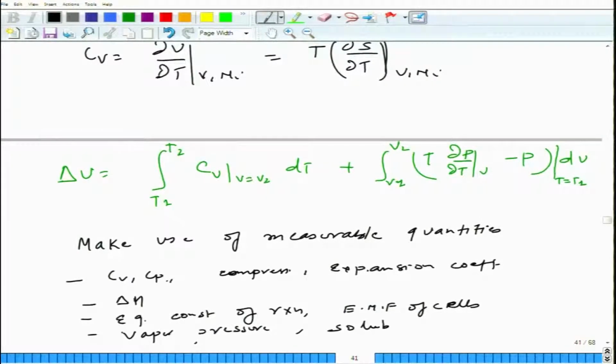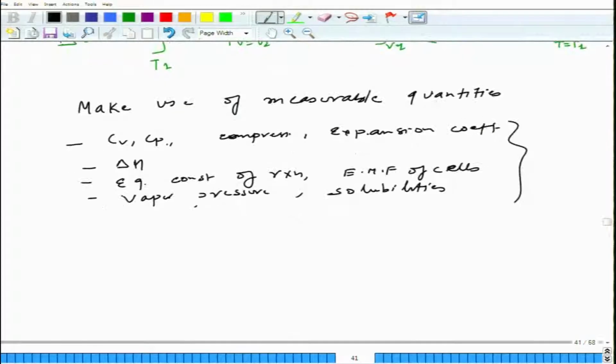These are measurable quantities, which you can find out from experiment. So we have to make use of our thermodynamic variable changes in terms of these quantities.